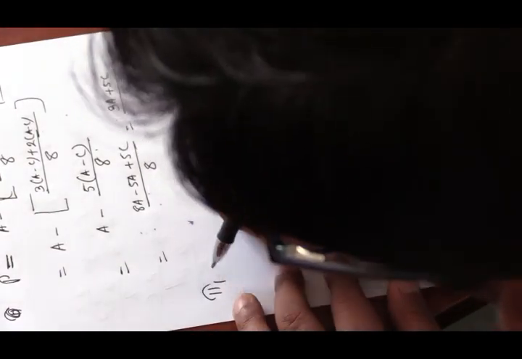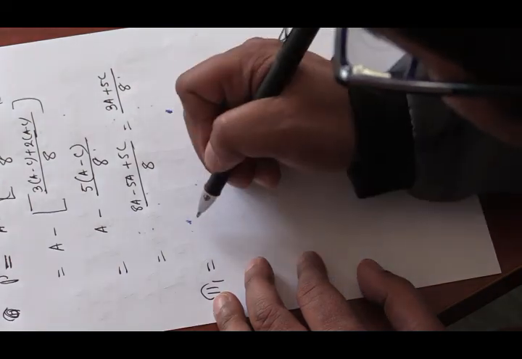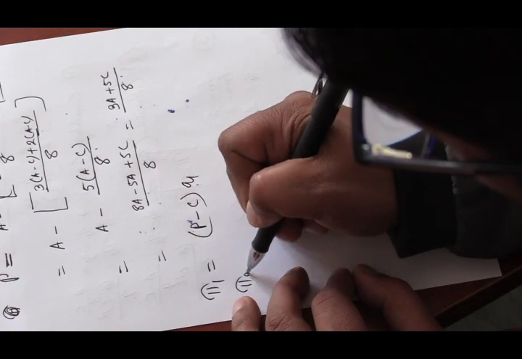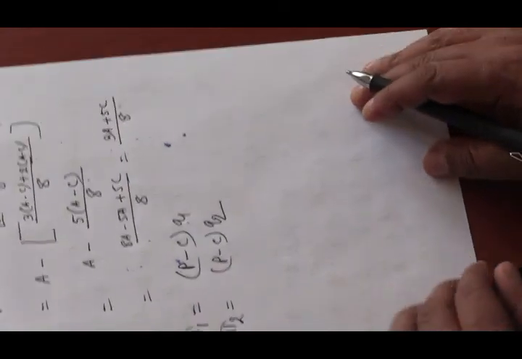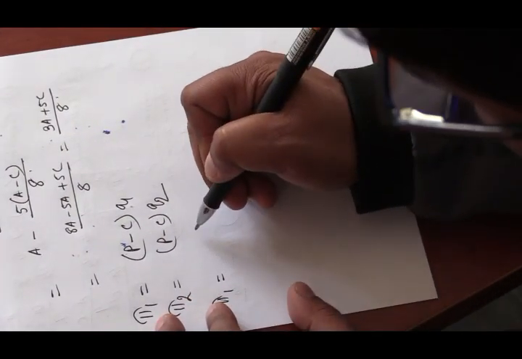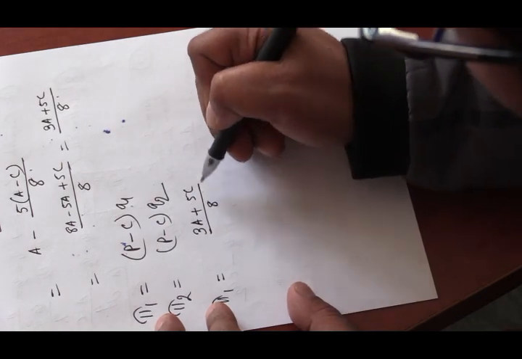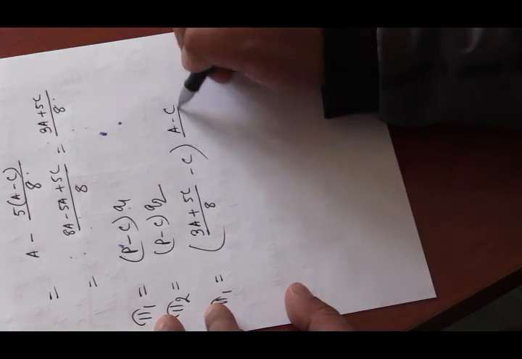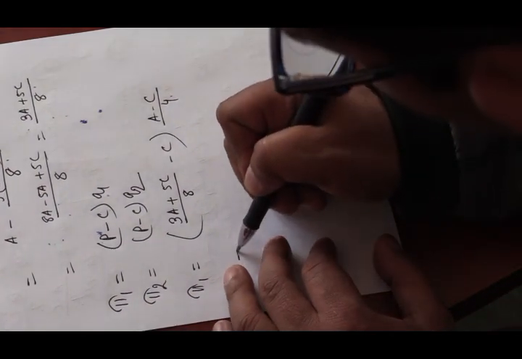So firm 1's profit will be (P − C) into Q1, and firm 2's profit will be (P − C) into Q2. So π1 = ((3A + 5C)/8 − C) × (A − C)/4.